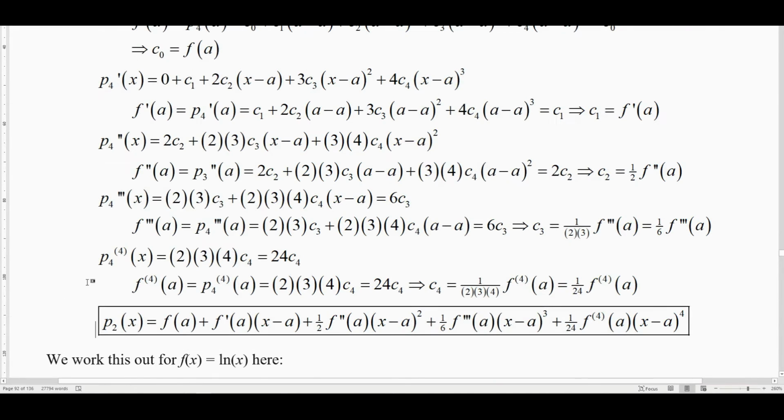All right, so the notation there is the superscripted power in parentheses. That's a derivative. So 2 times 3 times 4 times c4 is going to be the fourth derivative. So the c4 is the fourth derivative divided by 24, divided by 2 times 3 times 4.